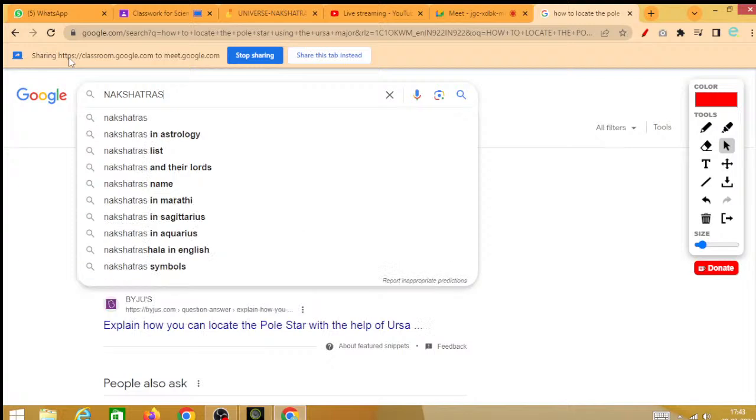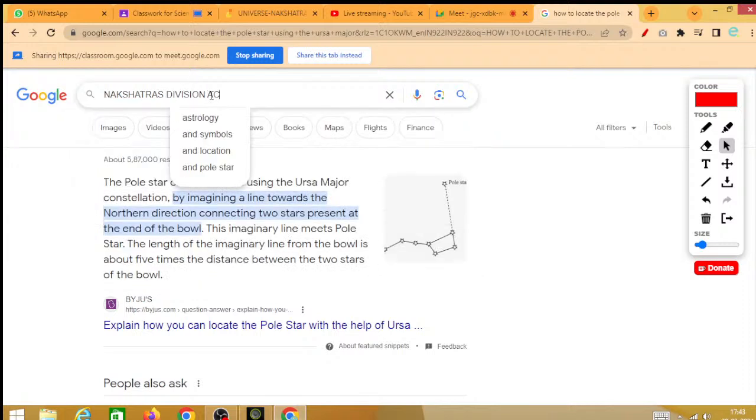Nakshatras. Division according to season.